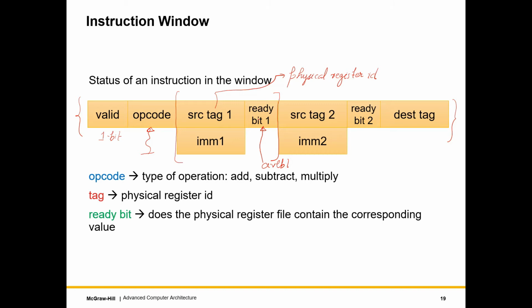So what did that bit indicate? That bit indicated if the first source operand in this instruction is ready or not. If it is ready, then we directly read it from the register file, or we read it from the forwarding network. Forwarding is primarily an in-order pipeline concept.